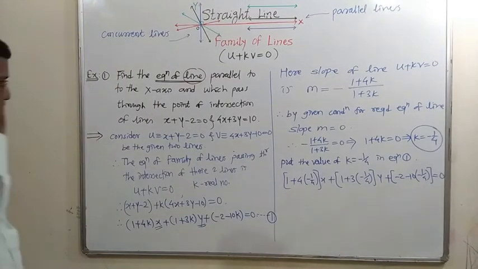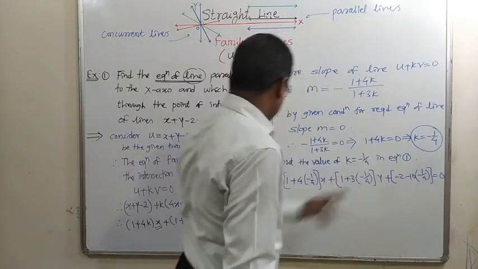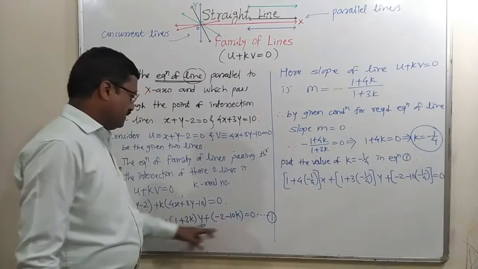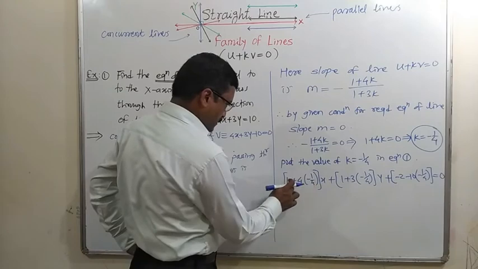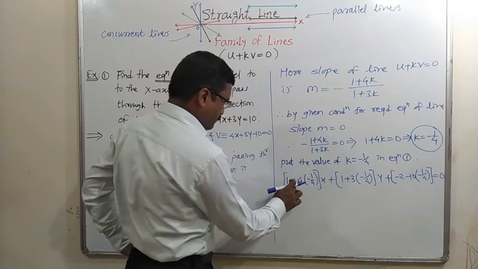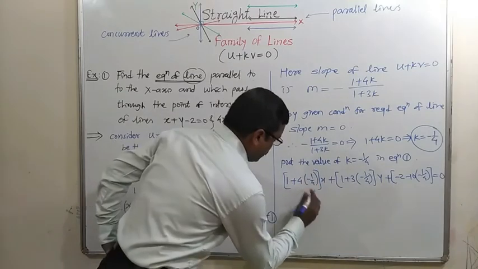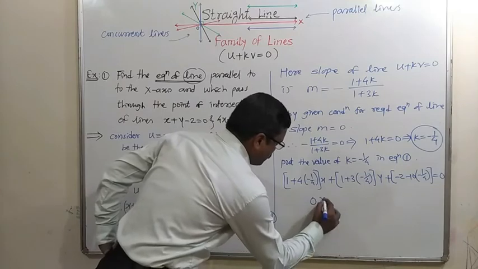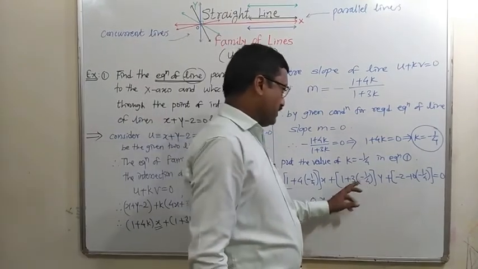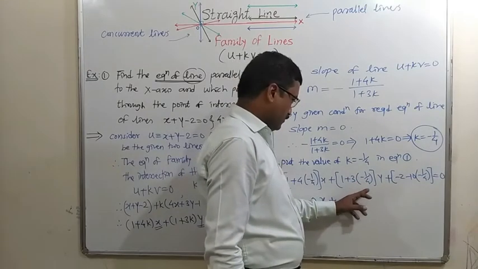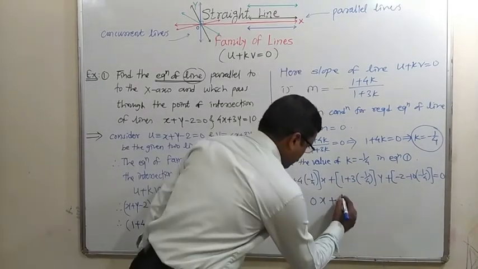What we have done here? We have put the value of k in this equation, so that we will get the equation of line. Here 4 will get cancelled. This is plus 1 and this remains minus 1. Plus 1 minus 1 get cancelled. We get here 0x. Plus here is minus 3/4, so this will be 1/4 of y.